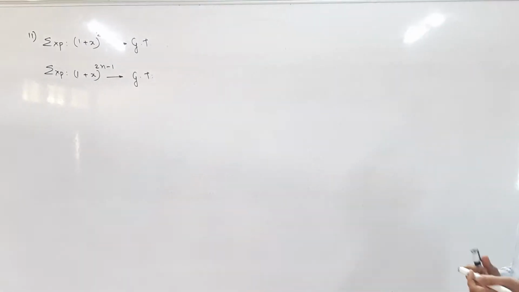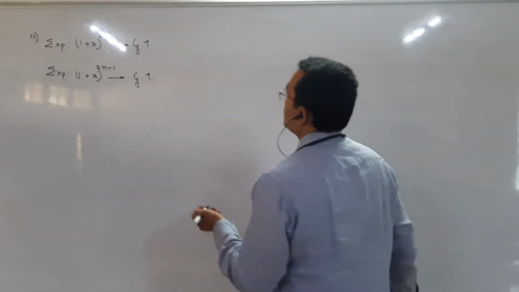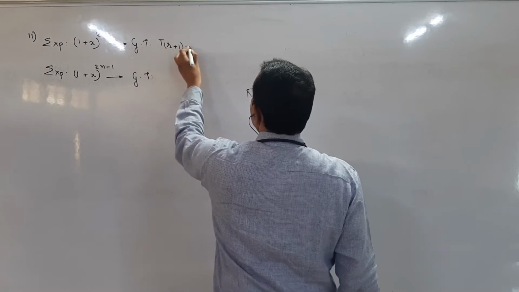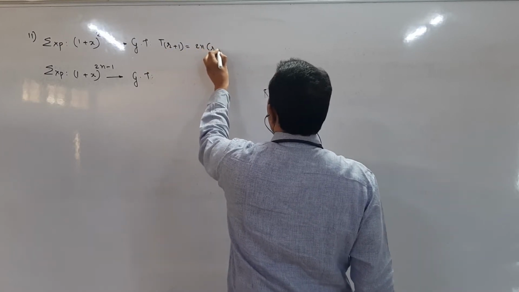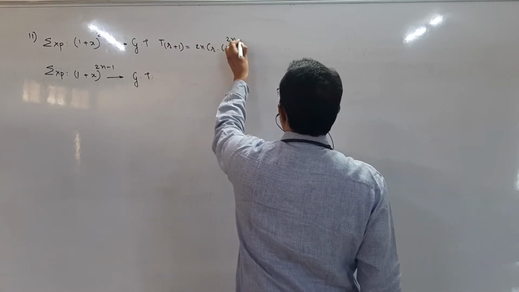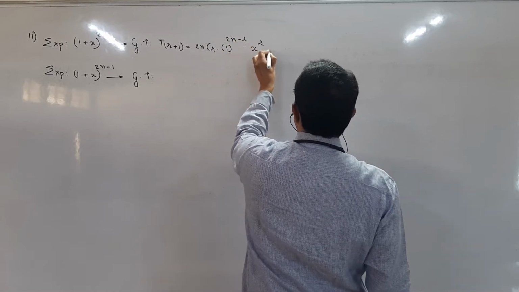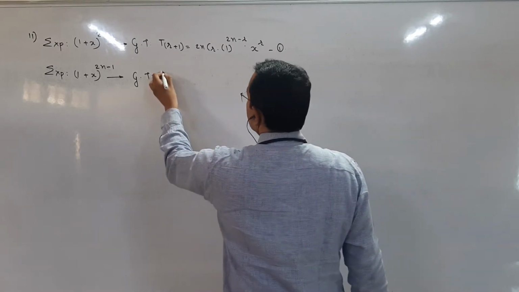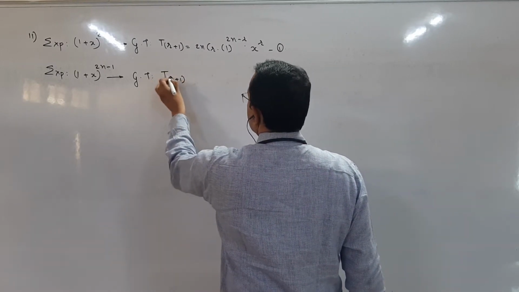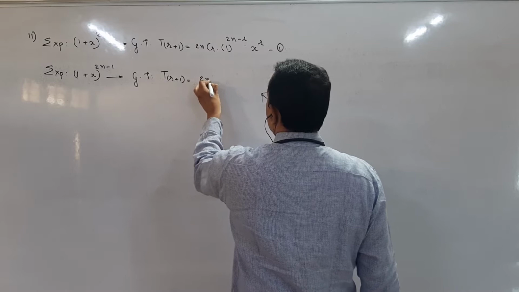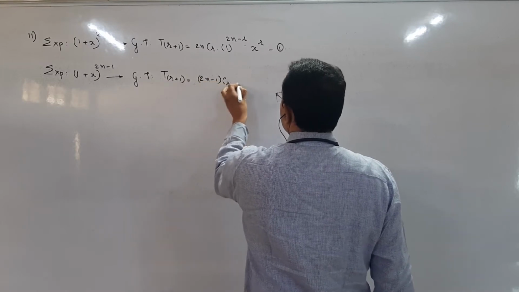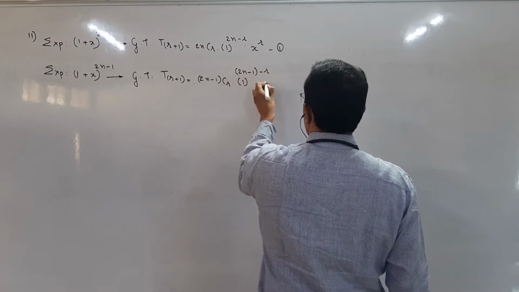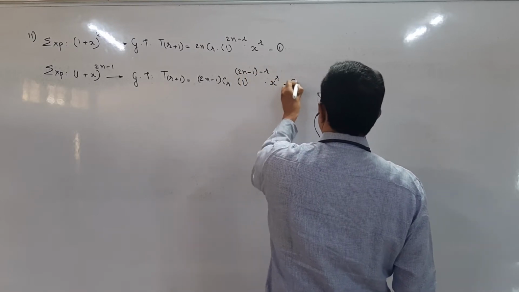Or the coefficient of x^n in the first expansion is twice the coefficient of x^n in the second expansion. So if I operate the general term, then students, we get t(r+1) = 2n C r, 1 raised to 2n minus r, x raised to r. So this is result 1. And in this expansion, the general term is t(r+1) = (2n-1) C r, 1 raised to 2n minus 1 minus r, x raised to r.